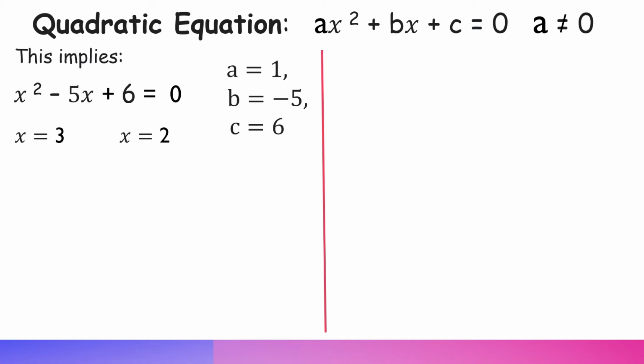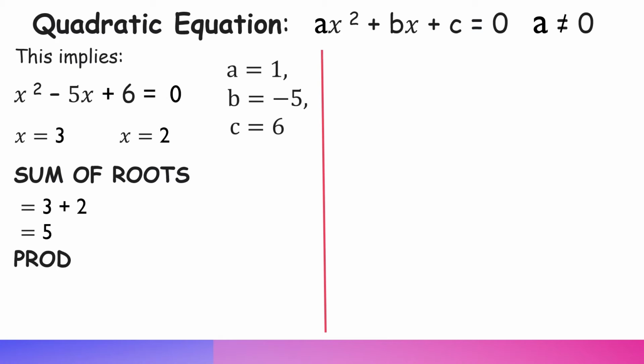And like we earlier said, the roots are simply the solutions. Now that we have the solutions, we can calculate the sum of the roots, which is simply 3 plus 2, which gives us 5. And then we can also find the product of the roots.